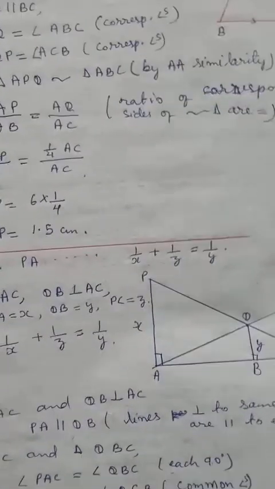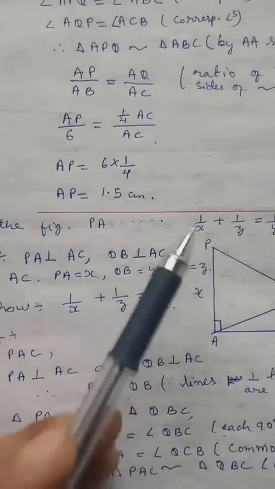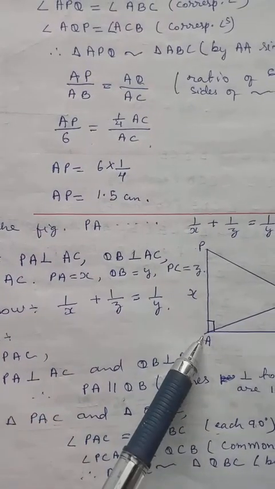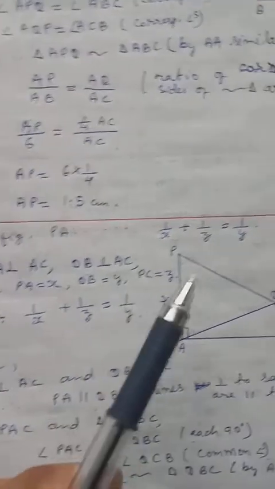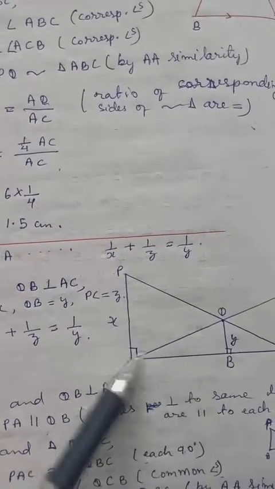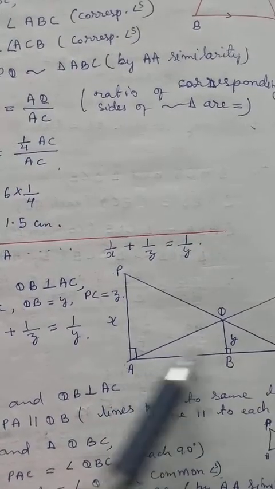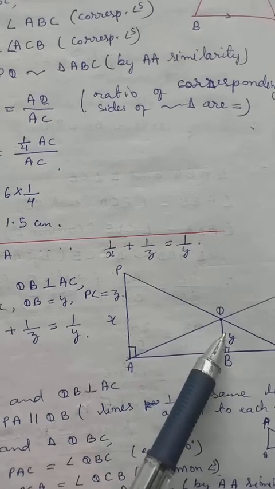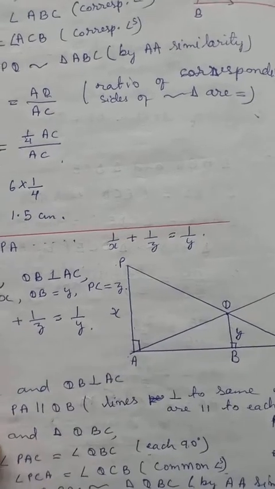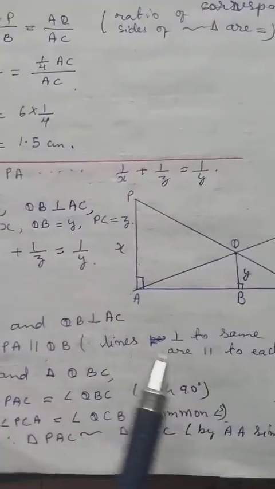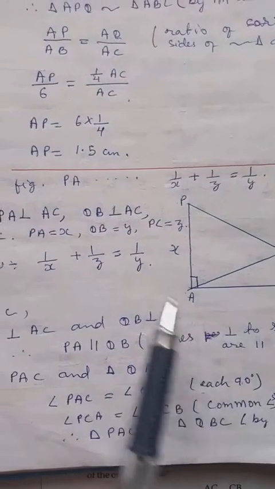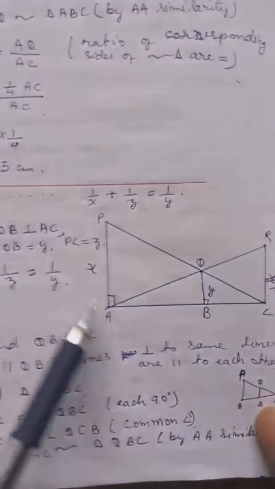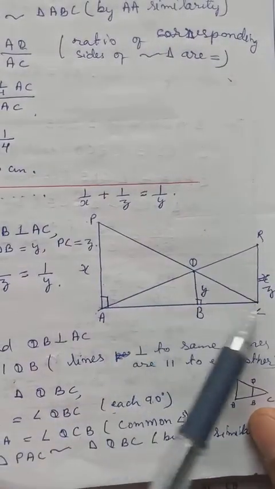So we can start the same way. We know PA is perpendicular to AC and QB is perpendicular to AC. If two lines are perpendicular to the same straight line, then these two are parallel to one another. So if they are parallel, we compare the big triangle PAC and the triangle QBC.